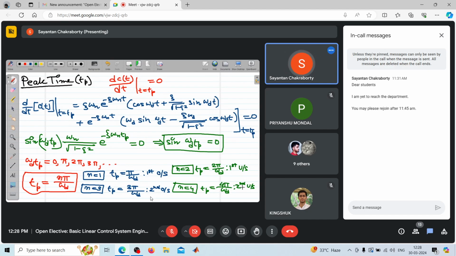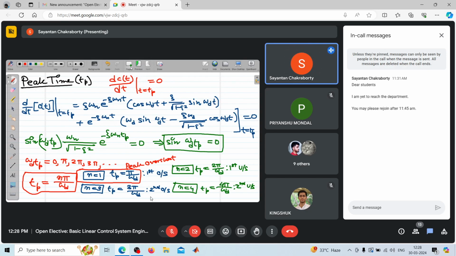So this will continue to oscillate with the damped natural frequency, which is given as omega d. And corresponding to this, you can easily infer that this will be the peak overshoot given by the envelope that we're talking about.